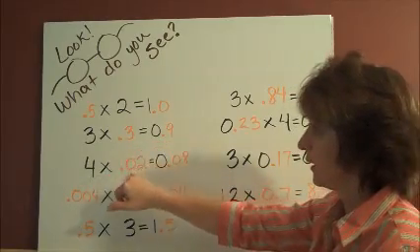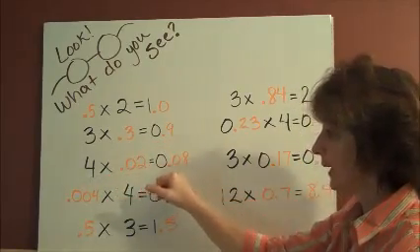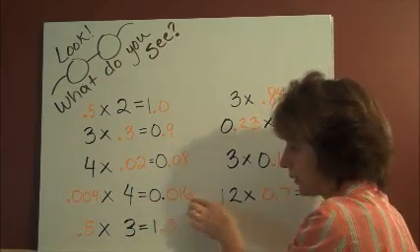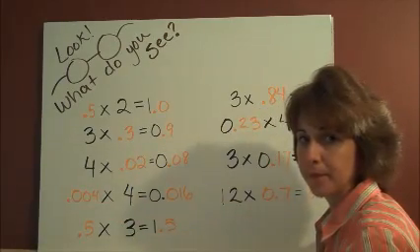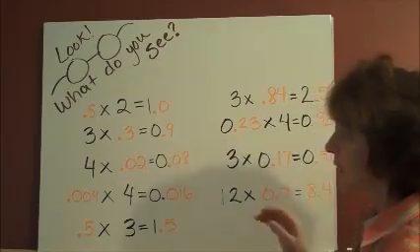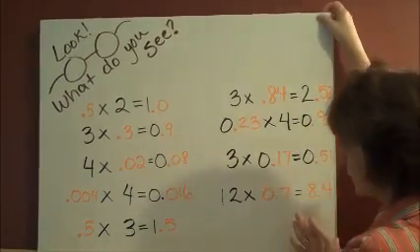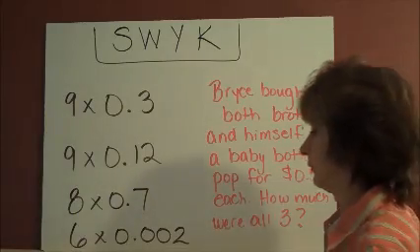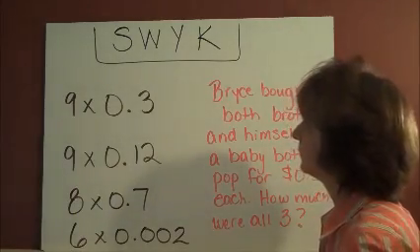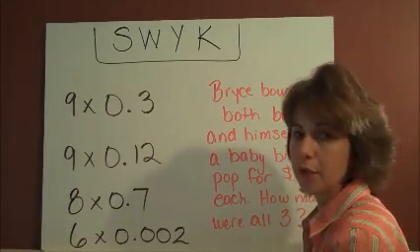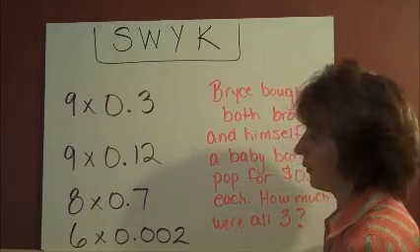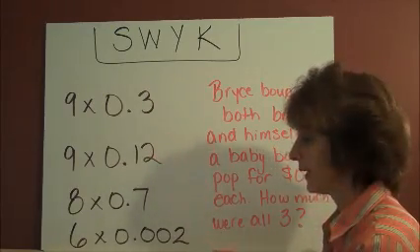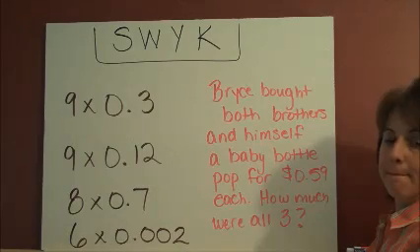This one has 2 behind it, my answer has 2. This one has 3 behind it, my answer has 3. So show what you know and remember to pay attention to how many digits are behind the decimal.